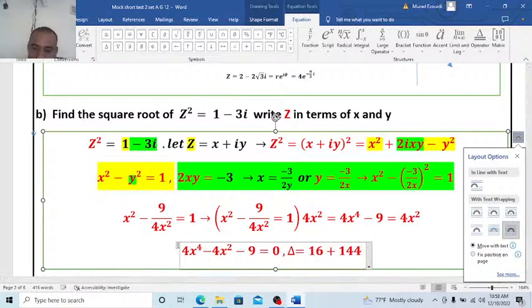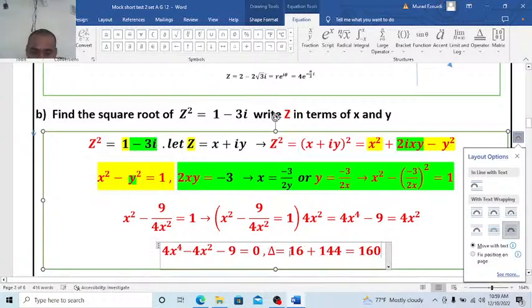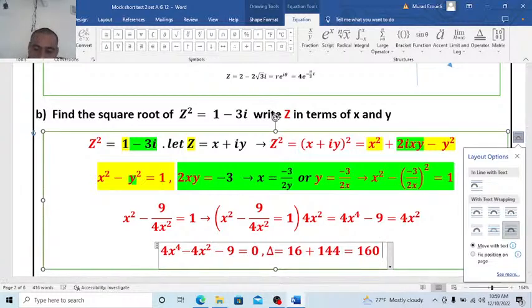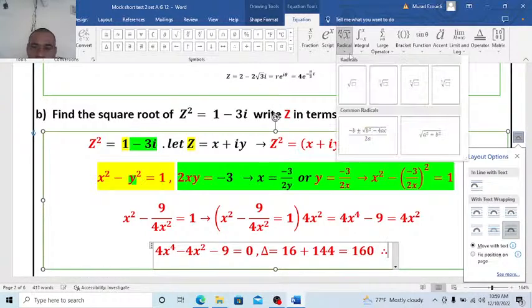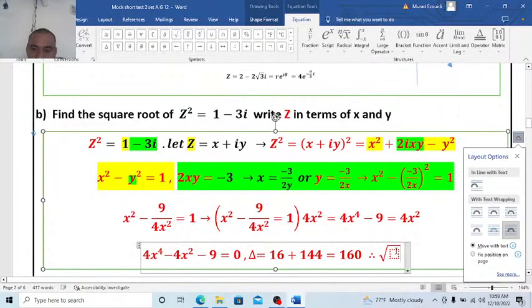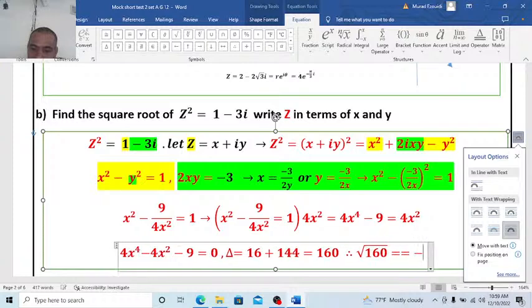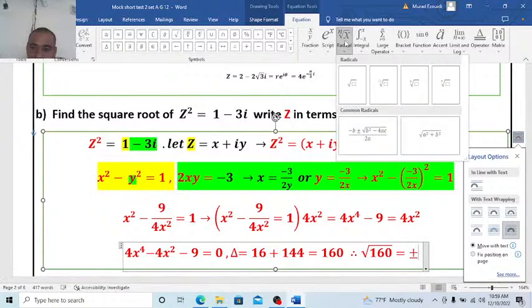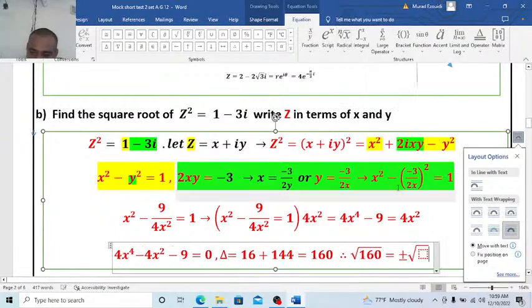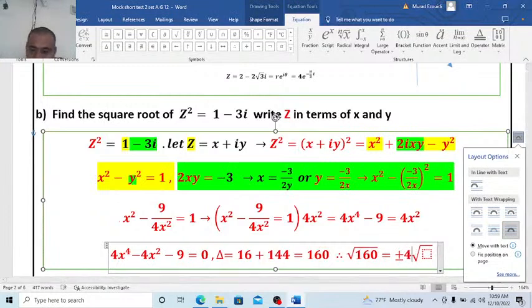This gives 160. Therefore the square root of delta, which is 160, is equal to plus or minus 4 times the square root of 10.